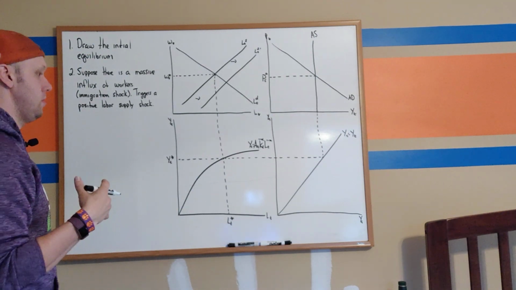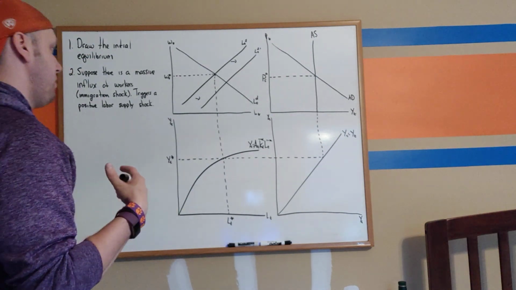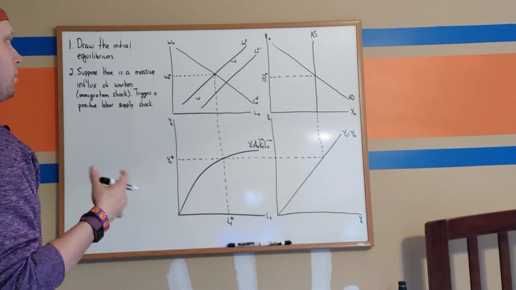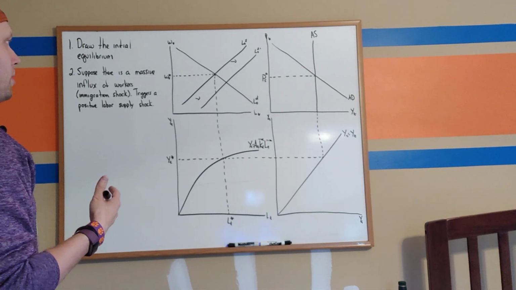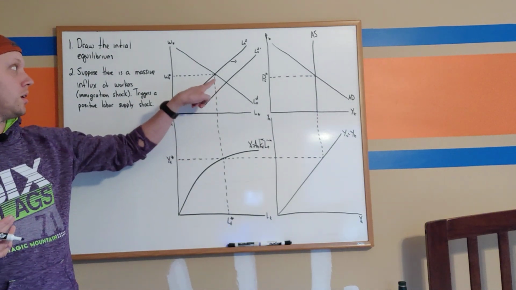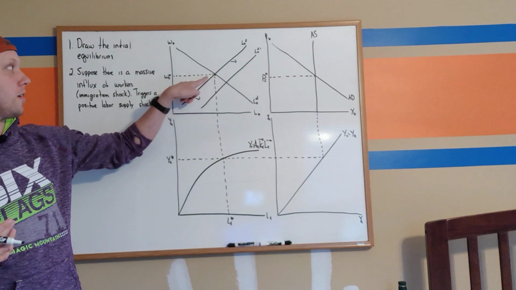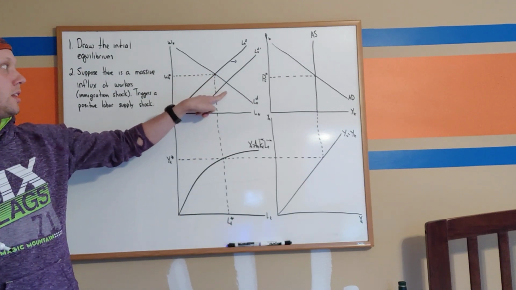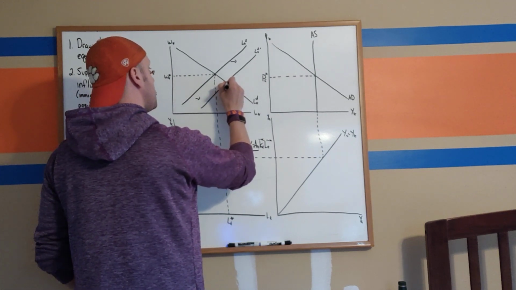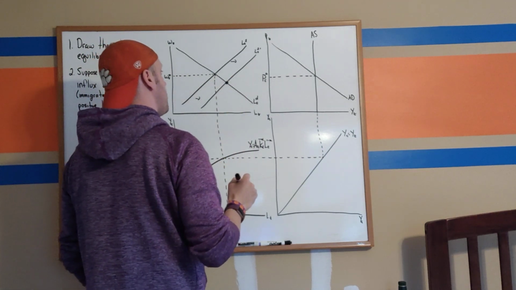Now when that happens, what we need to do is figure out, in equilibrium, what is not in equilibrium? Well, currently the labor market is not in equilibrium. We can see they're not in equilibrium. This is where we are here, right? But if there's a labor supply shock, the equilibrium is going to change. This is the new equilibrium.